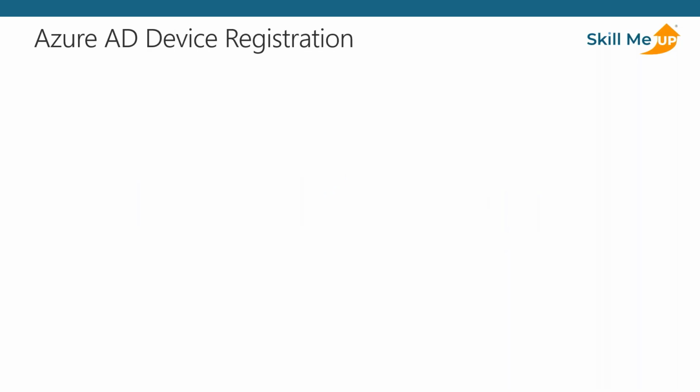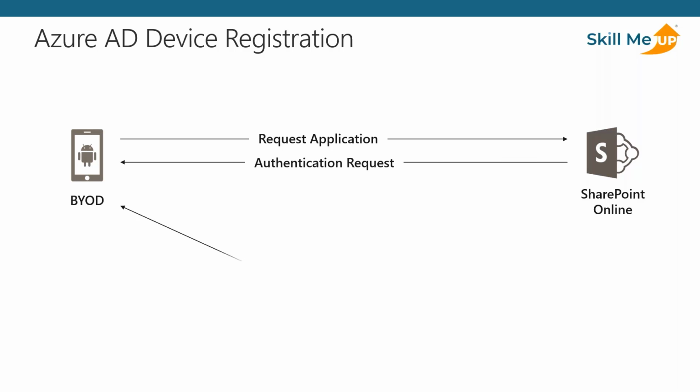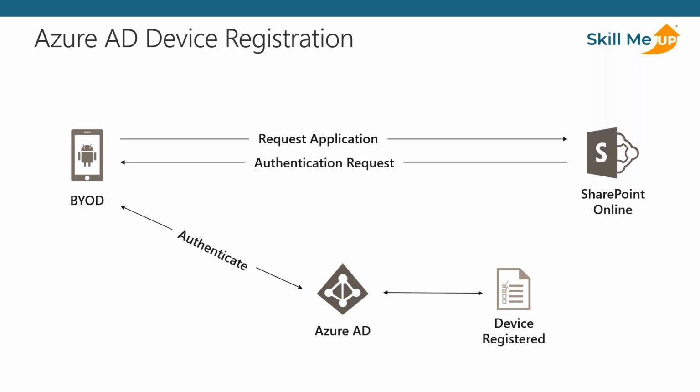Now, to actually perform the Azure AD device registration, we have our device and we have SharePoint Online. The user tries to connect to SharePoint Online. That's the first request that goes from my device. The authentication request is then sent back, and at this point the user is redirected to the Azure AD login. Now, if I already happen to have an Azure AD authentication token, there's no login that's processed here. It's just cached and I'm done because I have an authentication token.